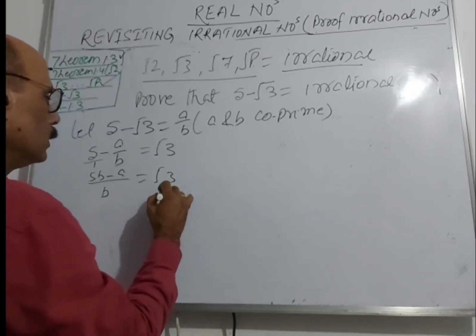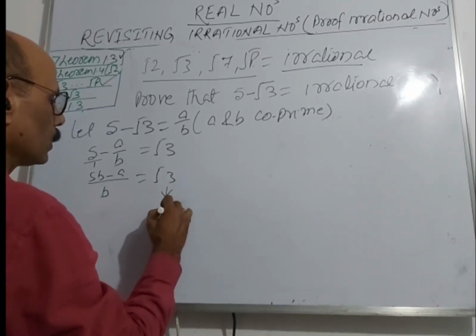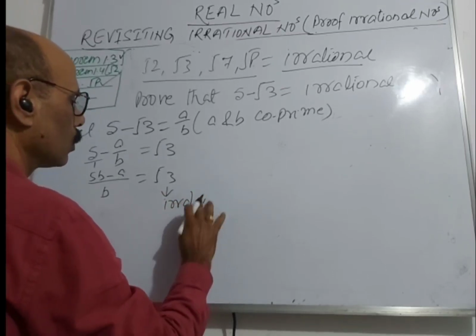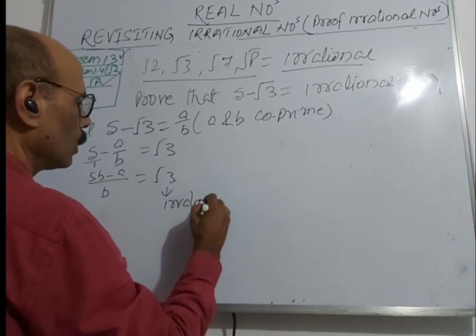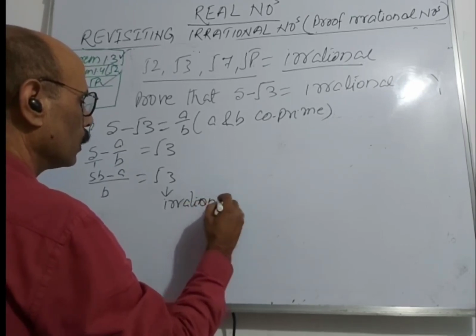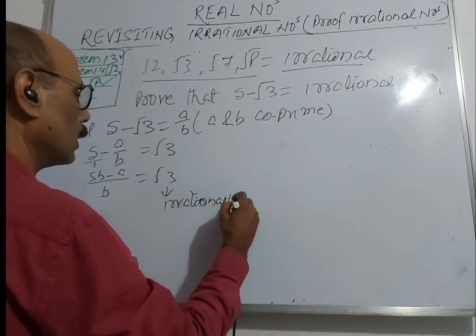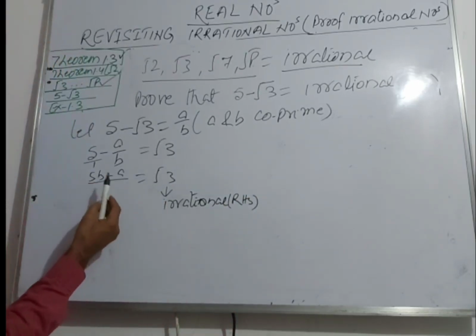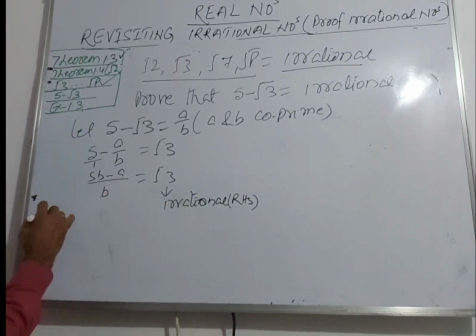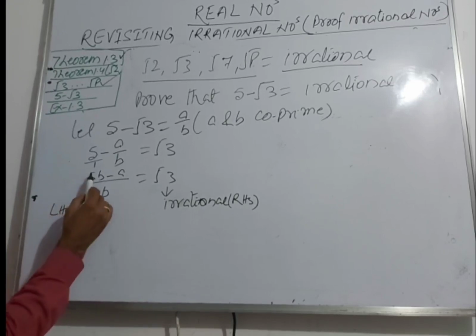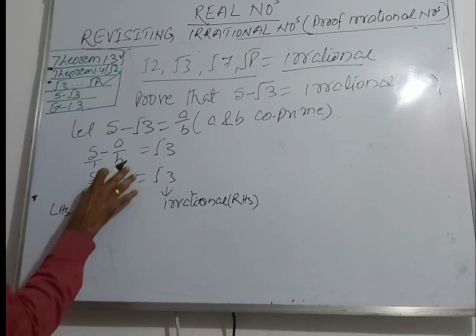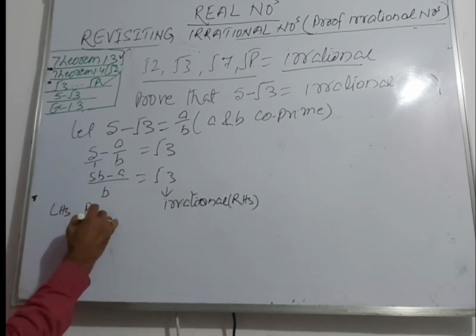Here certainly this is irrational, proved, since it is a prime number under root. So the RHS is irrational. Here see, what is the LHS? No number under root. That means these are what? Rational.